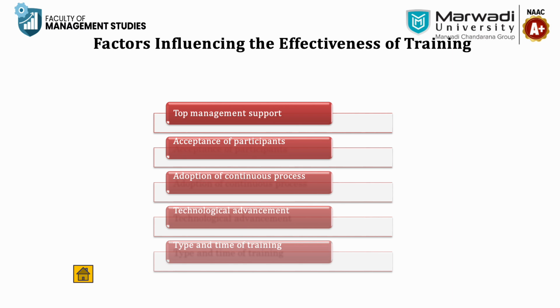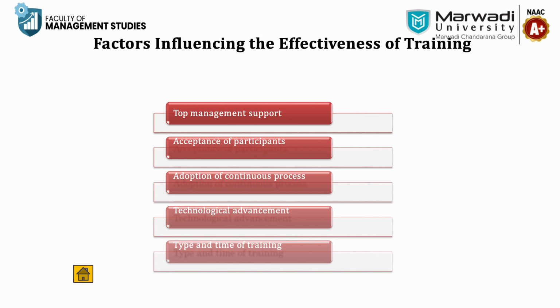So these are some of them. Apart from that, even resources of the training. Do you have enough resources? Do you have sufficient budget? Do you have trainers, like very good trainers? Because if trainers themselves don't possess those skills to train the employees or change their behavior, then obviously it is a waste.